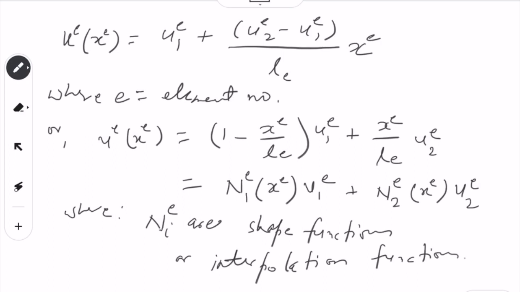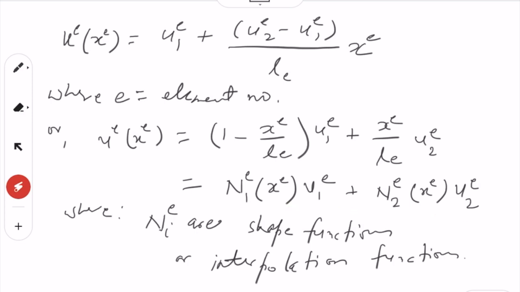What is the advantage of doing this? First of all it is elegant. We can write it this way regardless of the number of elements you have. For every element there will be 2 shape functions N e1 and N e2. N e1 multiplies with u e1 and N e2 multiplies with u e2.